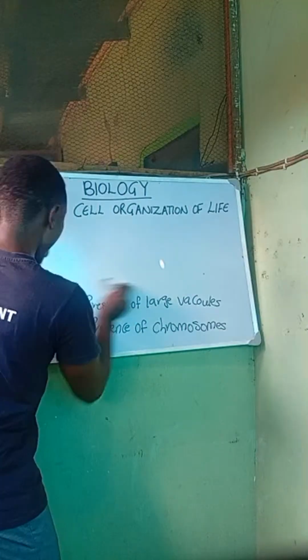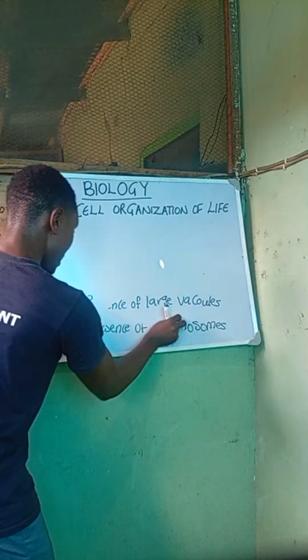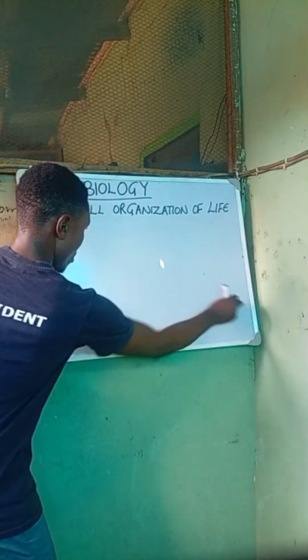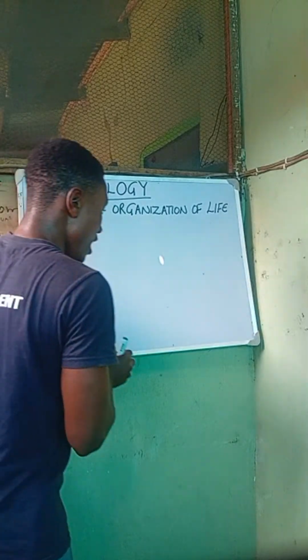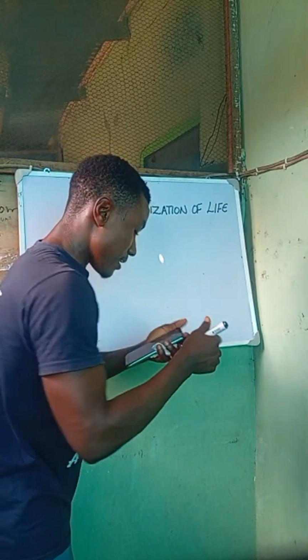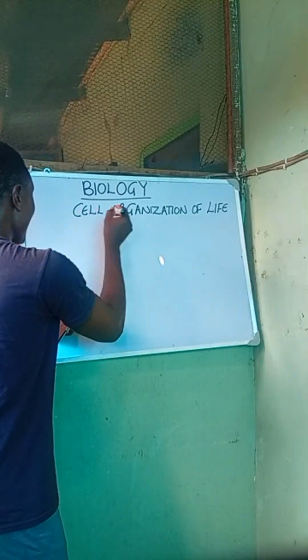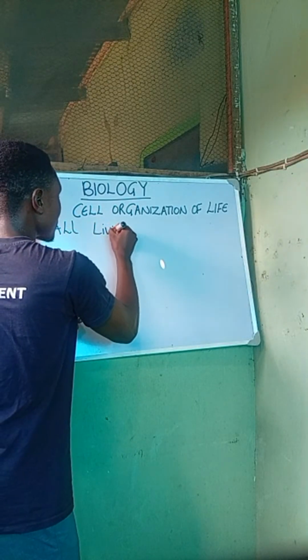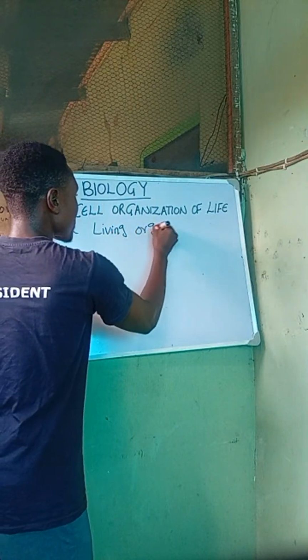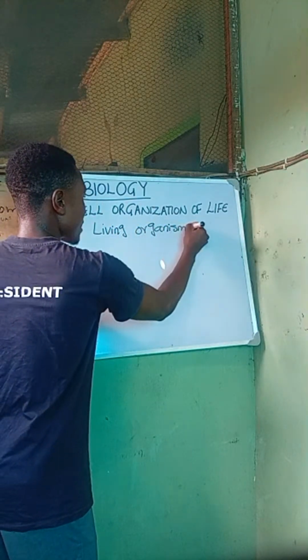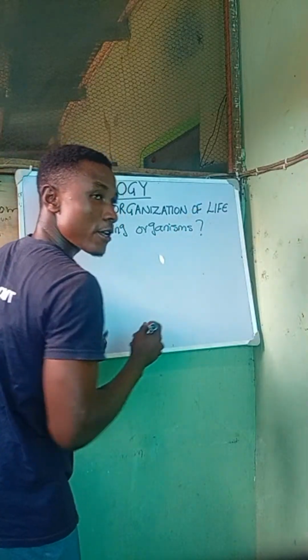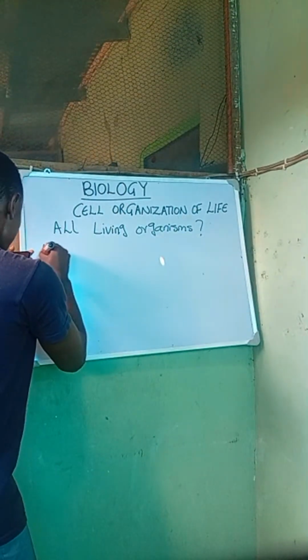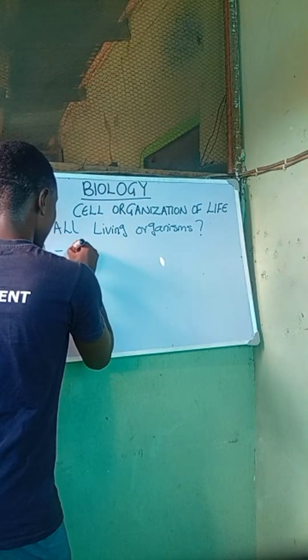It says, all living organisms. Let me write it. All living organisms, with a question mark. A. Photosynthesize.